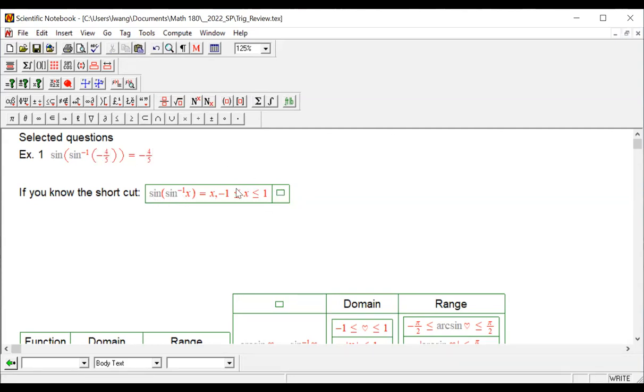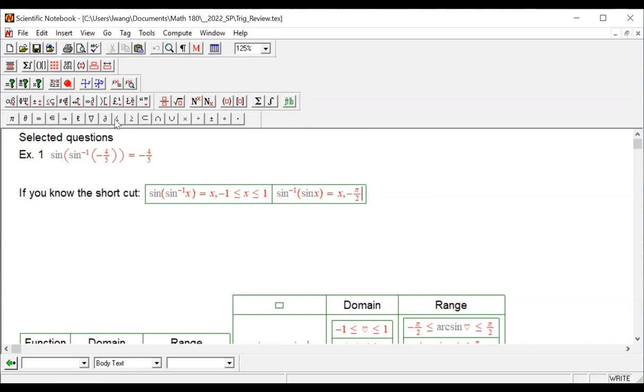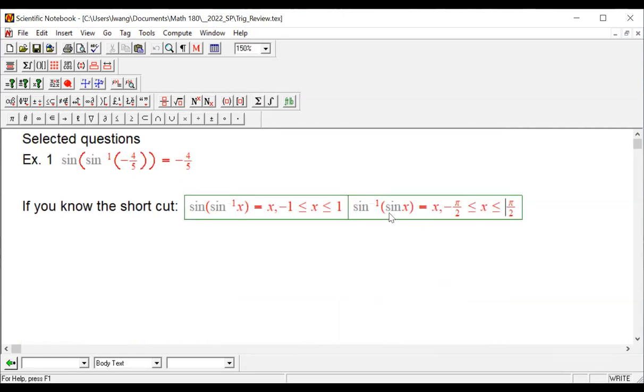And what if you don't know the shortcut? The second shortcut has a condition. It has to be between -π/2 and π/2.